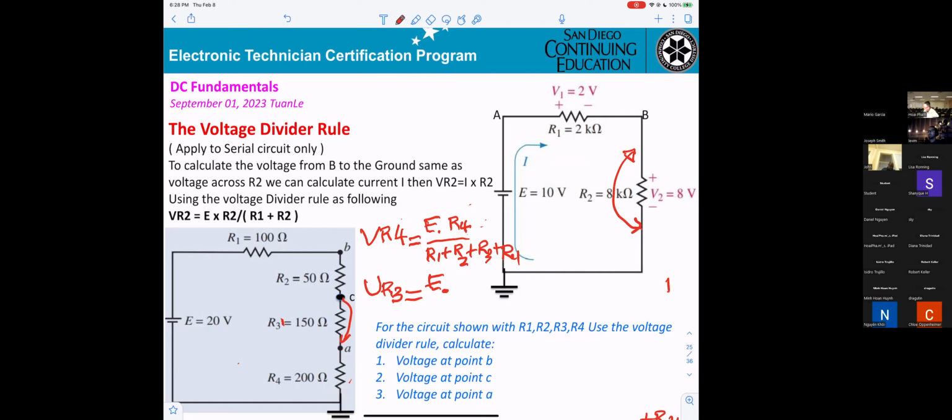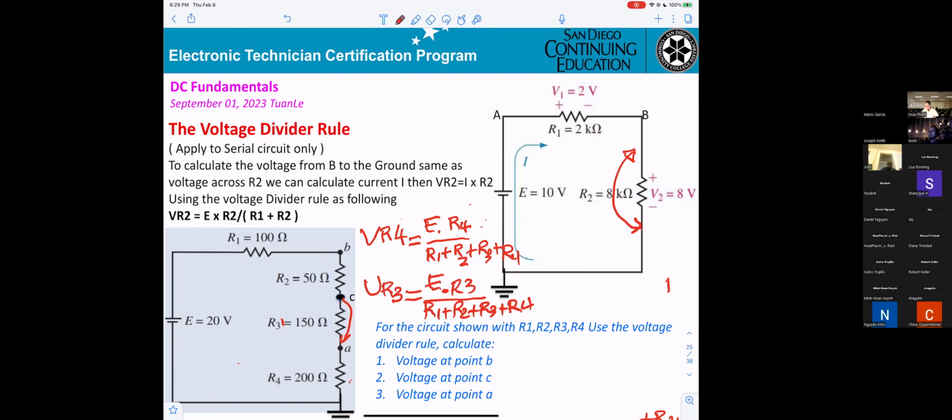Divide by R1 plus R2 plus R3 plus R4. So you have to include all of the resistors regardless of which one you're solving for.